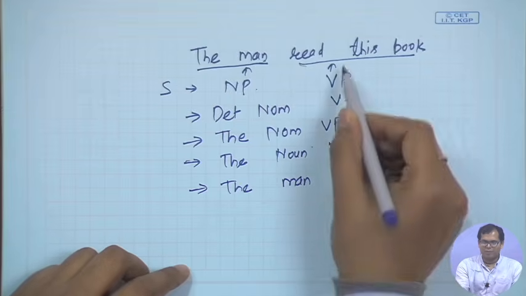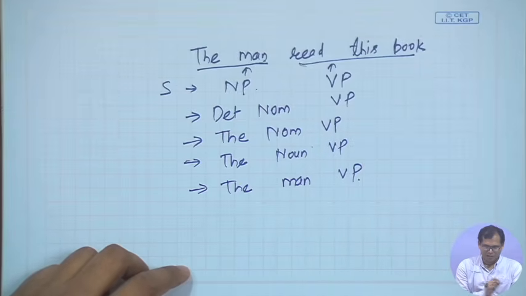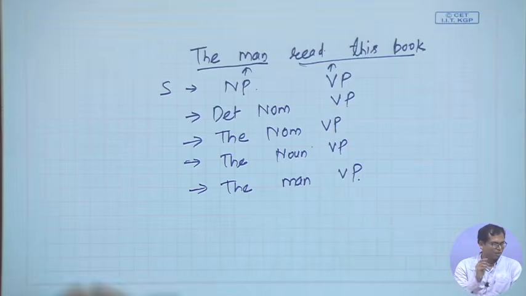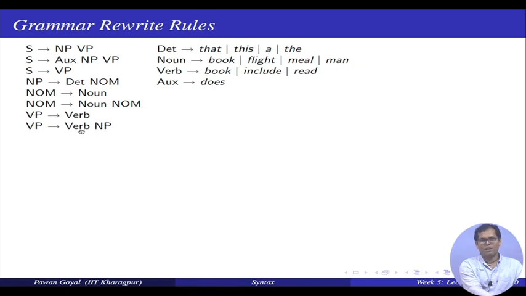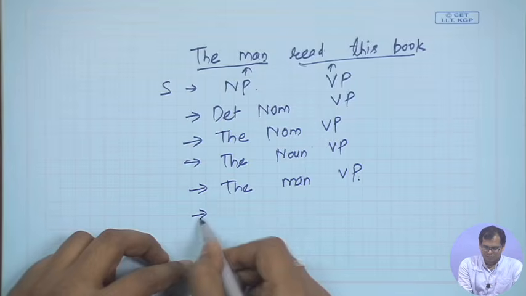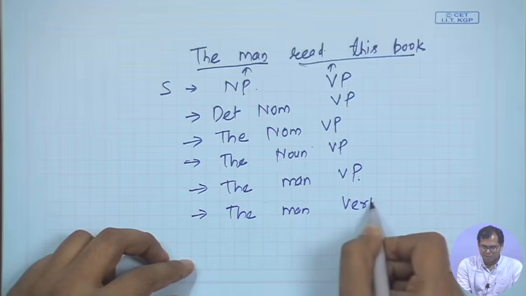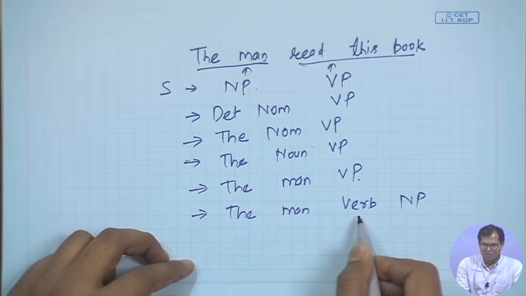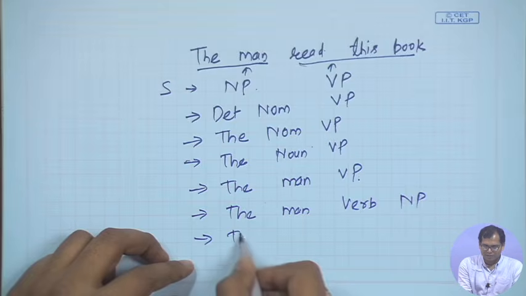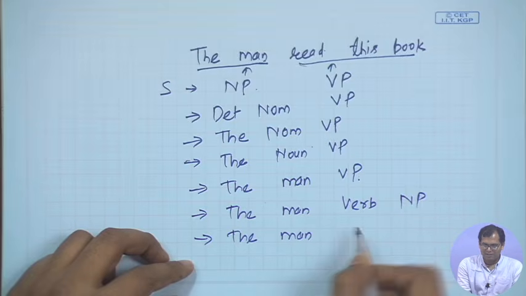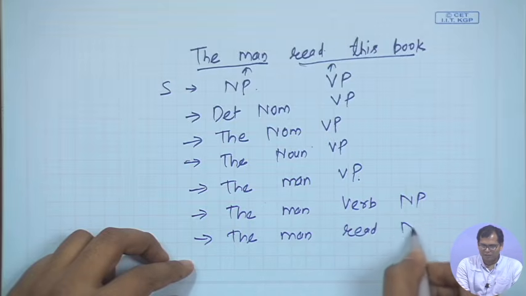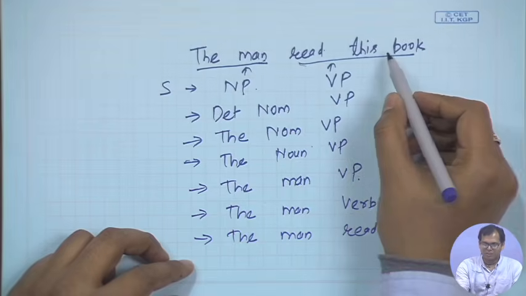Now the verb phrase I have to derive read this book. So verb phrase goes to verb and noun phrase. Is there something like that? Yes. Verb phrase goes to verb and noun phrase. So I will use this and say the man verb noun phrase. Verb can directly give me read. The man read noun phrase, and from noun phrase I have to derive this book.